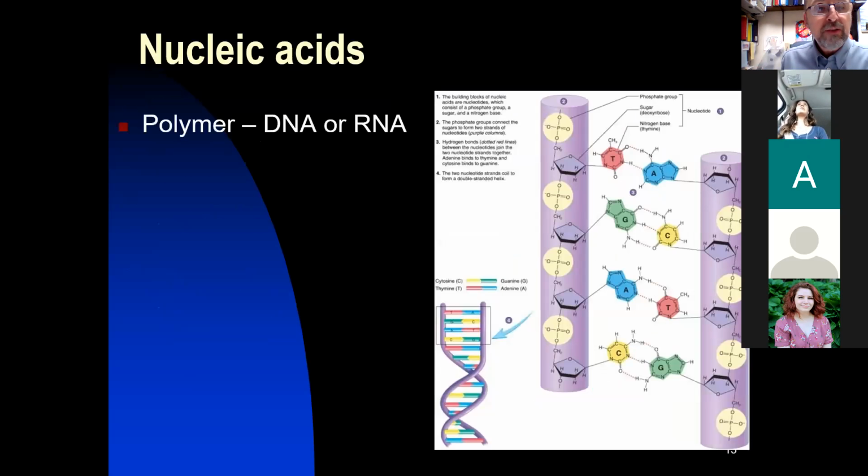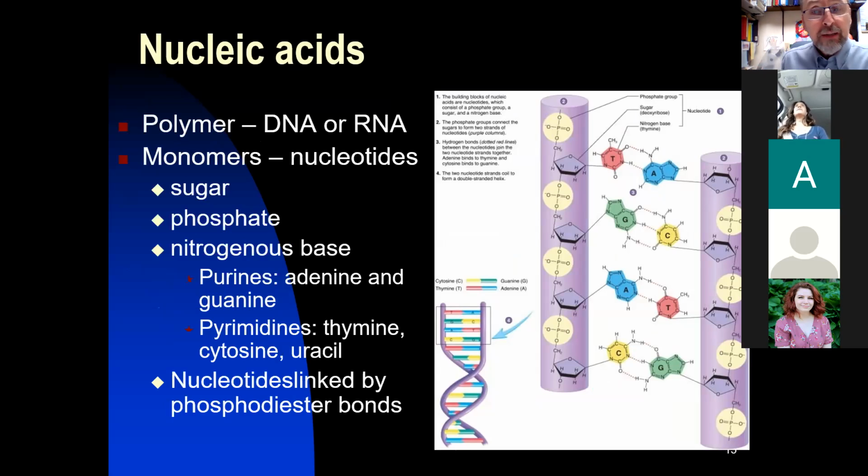Nucleic acids are DNA and RNA. These are polymers that are made of nucleotides. Okay, these nucleotides all contain phosphates, sugars, and then bases. And there's just slight differences between DNA and RNA. DNA is mostly in the nucleus of cells.